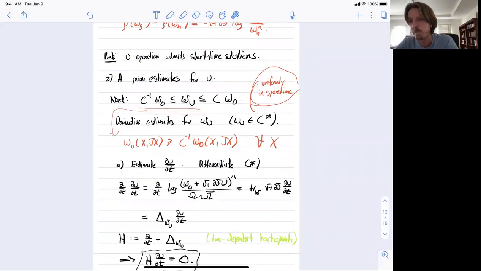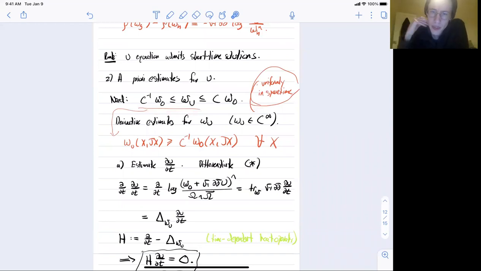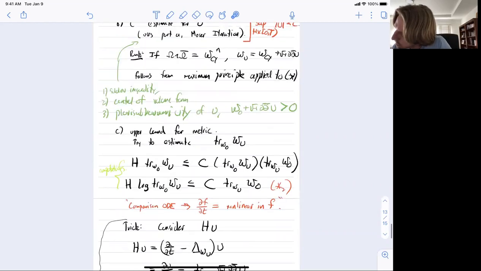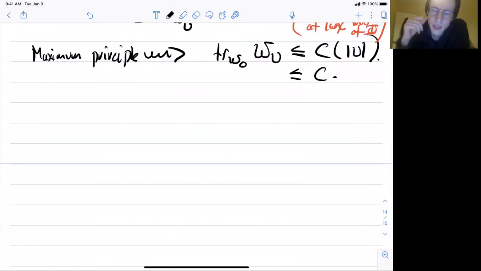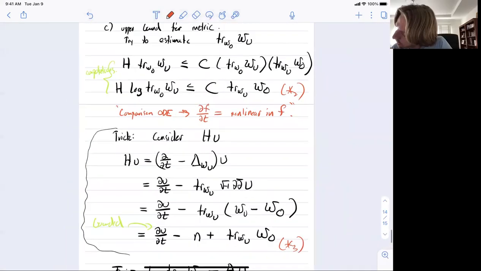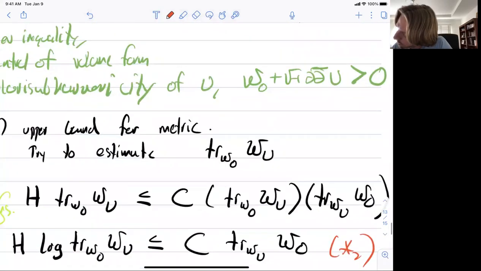Why does the trace imply the estimate for the metric? Let's also ask, what is the definition of the trace? You take omega u composed with omega naught inverse.